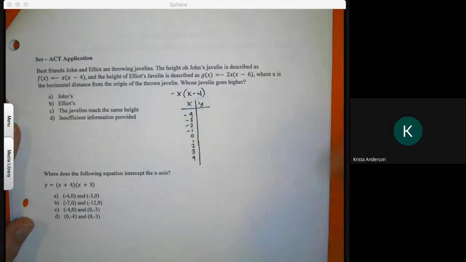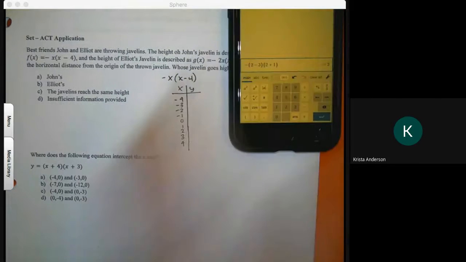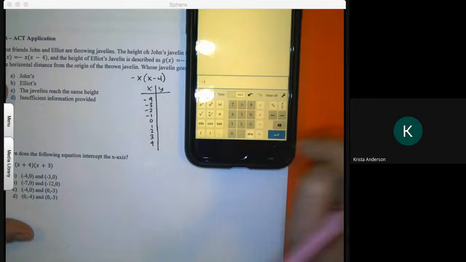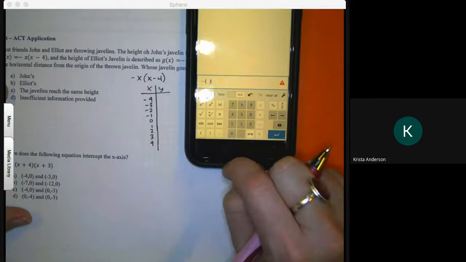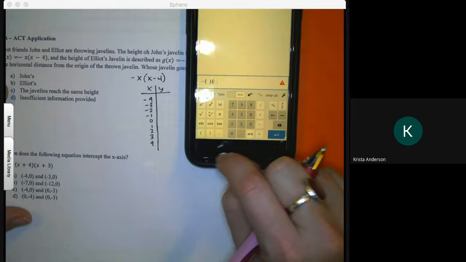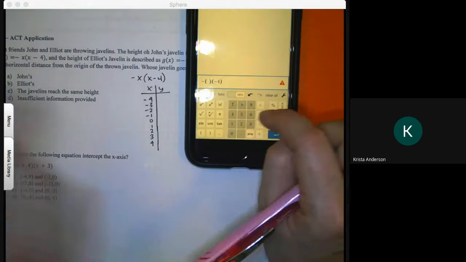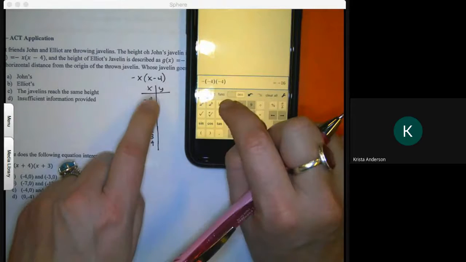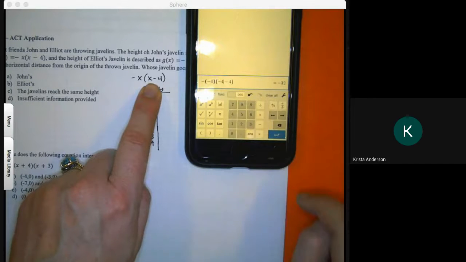Now if I plug in numbers and they are really big and there's not a pattern, then something might be wrong. Not wrong, but we can skip numbers. So I'm going to plug in here. Then I'm going to plug in something -4. So I have a negative x. And then I have a lot of -4s.